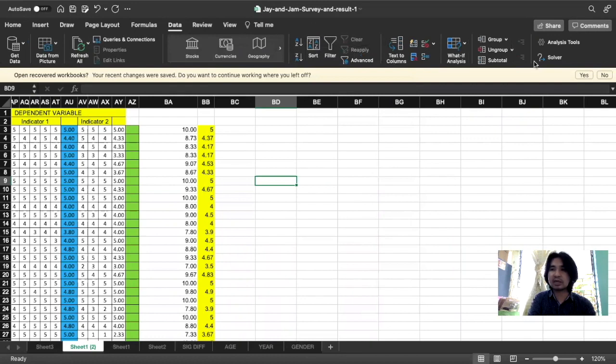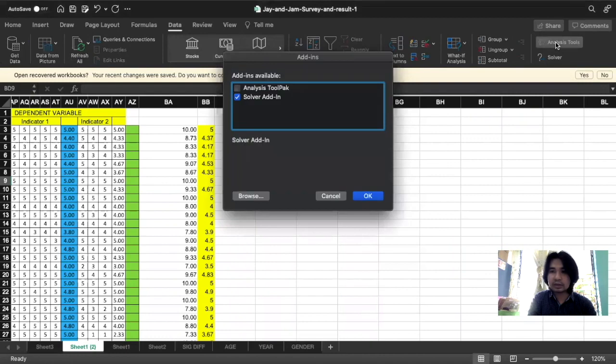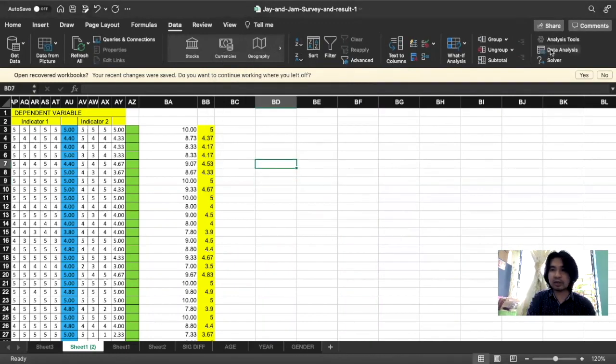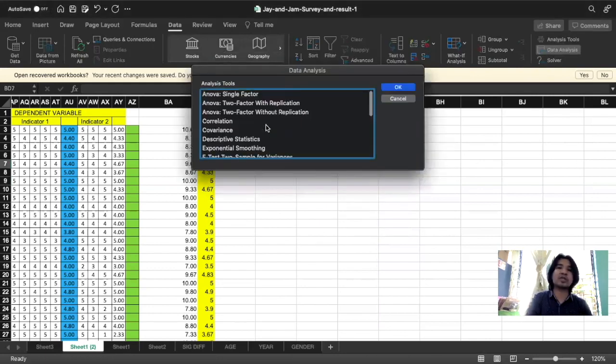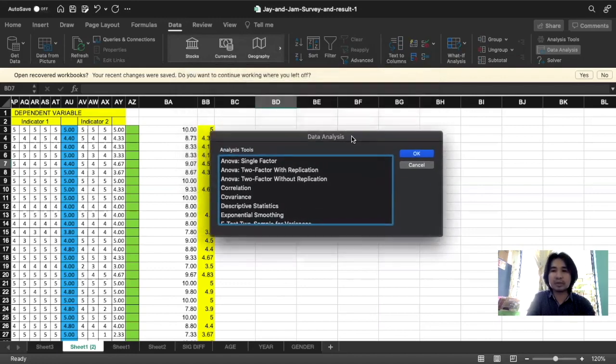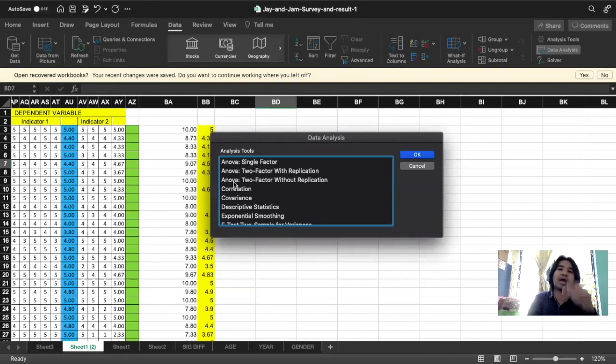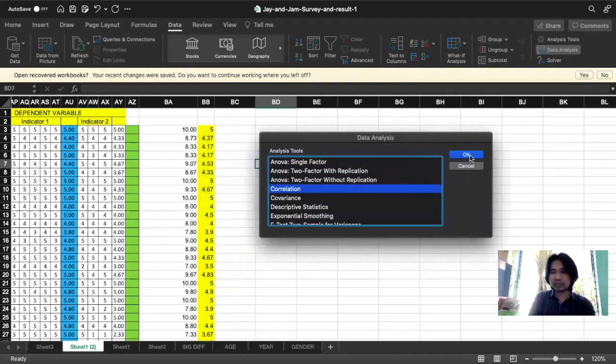Then we will include this one. We will use data analysis. On the data analysis, we have ANOVA single factor, ANOVA two factors with replication, ANOVA two factors without replication. And this time we will be using correlation. This one. So let's try correlation.